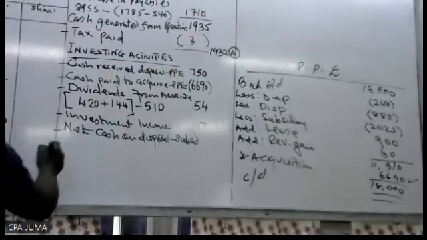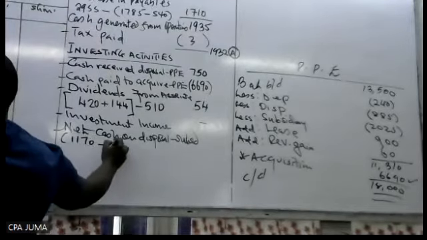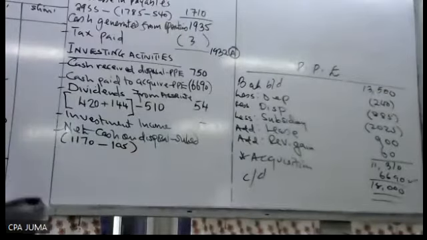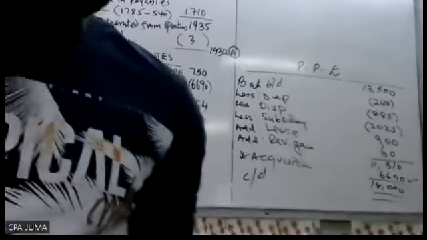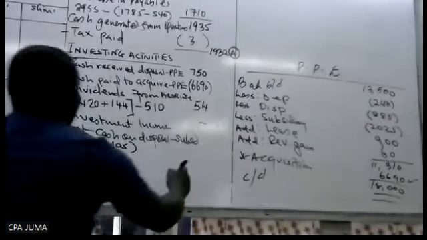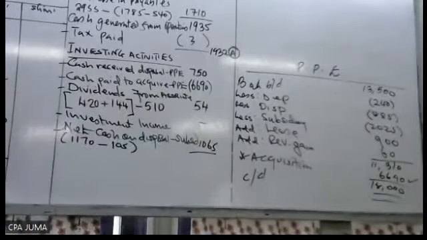We less it: 1170 minus 105, tulipokea 1170 na tukawapea cash pia ya 105 kama change. You get 1065. And that is how we are done with investing. It ends there.